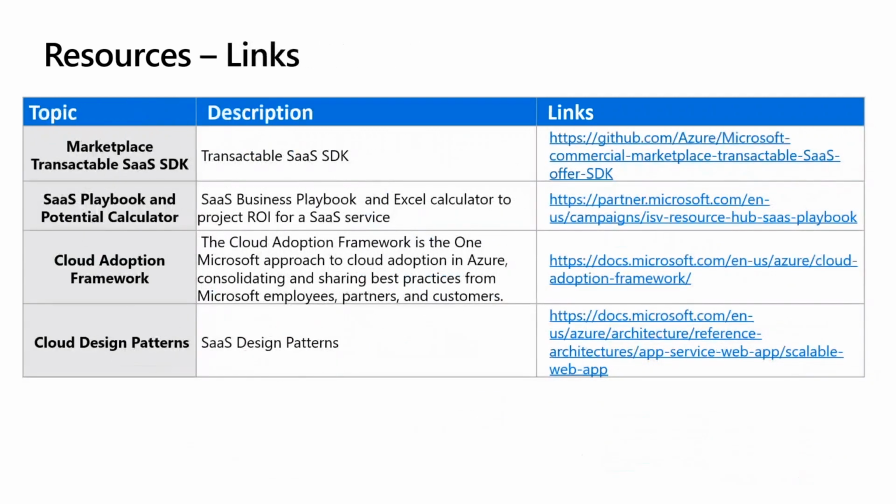The next slide has links and resources for you as a partner to get the offers created, the calculator that Patrick talked about, and the adoption. There is also an amazing set of cloud partners that you should definitely look into to get your product, your solution into the marketplace.